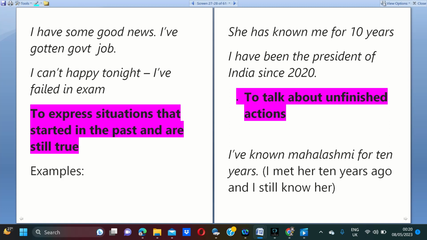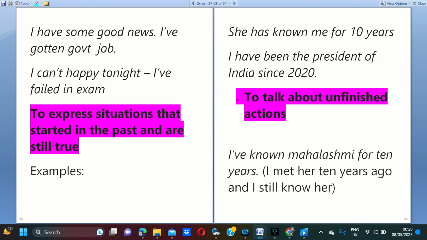That means she knew me about 10 years ago, in 2013 itself. So still it is true. So to speak about these kinds of sentences, we can use present perfect.